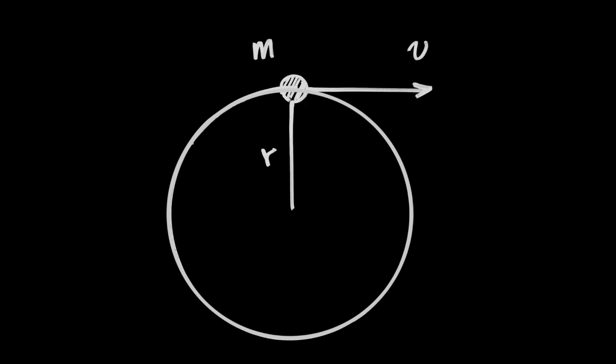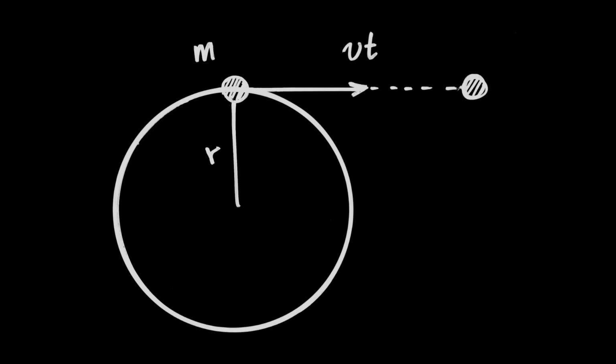So what I'm going to do is remember, inertia is the natural tendency of objects to persevere in their motions. So here I have this mass moving with a velocity v. If I do nothing to disturb its motion, that is, if I don't exert a force in order to alter its motion, it will travel in a straight line. So what I'm going to do is let it travel in a straight line. Imagine that this mass moves with this velocity.